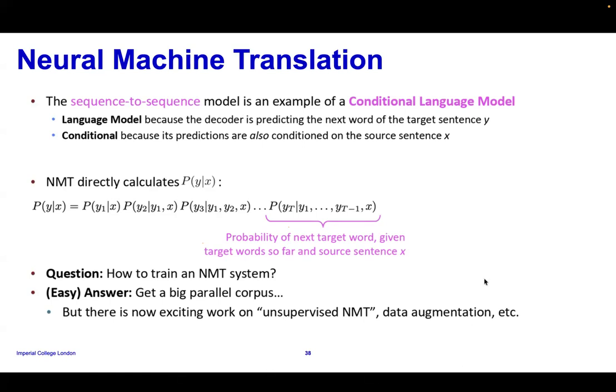So a parallel corpus is, for example, this is text in English, and this will be text in Hausa if I want to train a machine translation system for Hausa. So you have I love you here in English, and I love you here in Hausa. I love this car in English, and I love this car in Hausa. I hate this car in English, and I hate this car in Hausa.